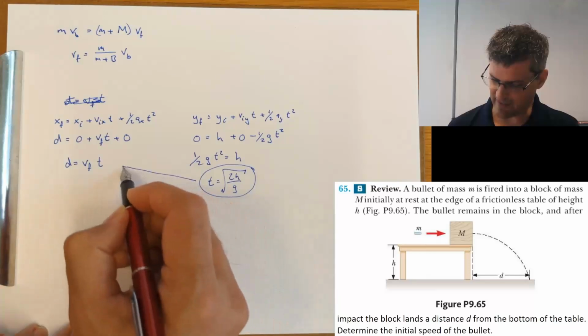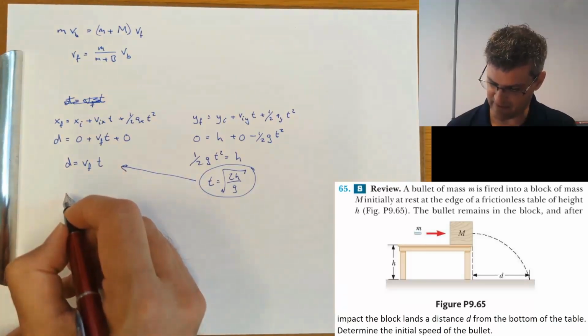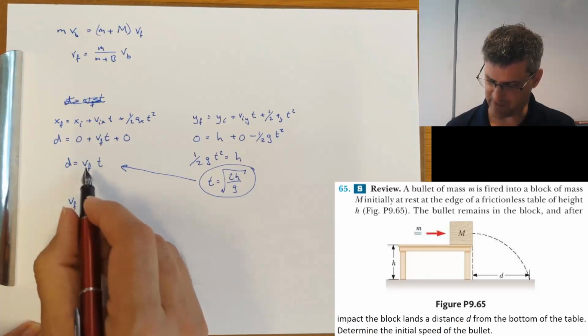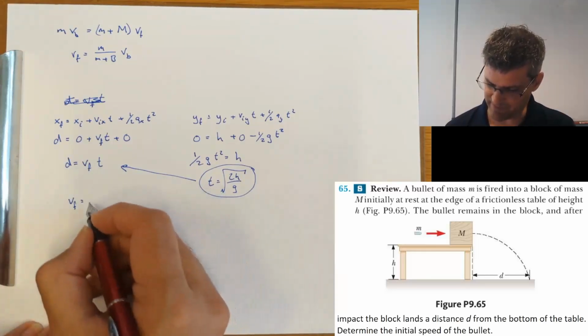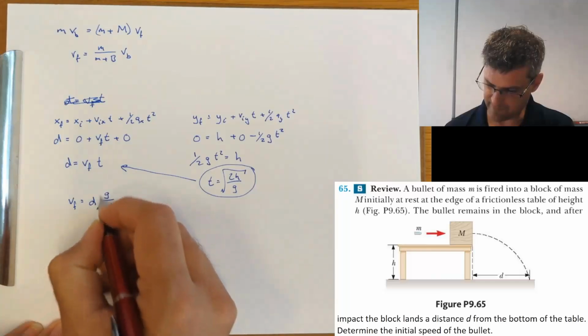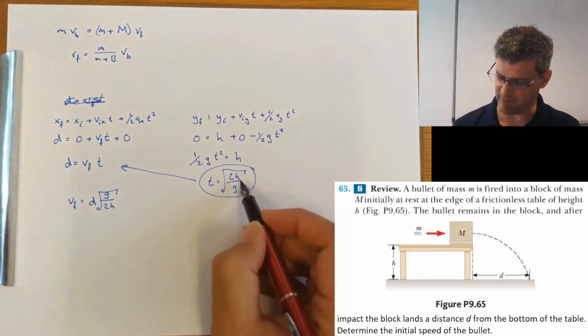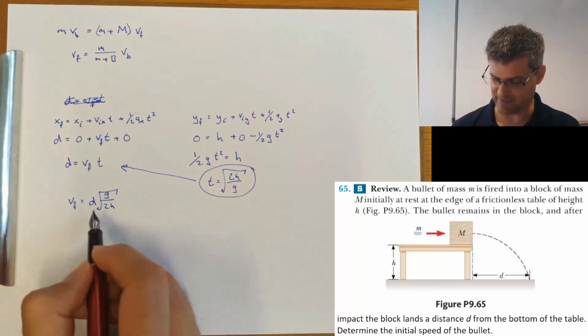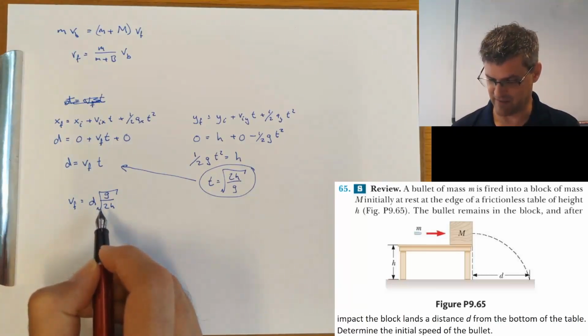I can take this time and plug it over here and see that Vf is equal to d over that time. I just flipped this thing to do what we were trying to do. This is what V final is.